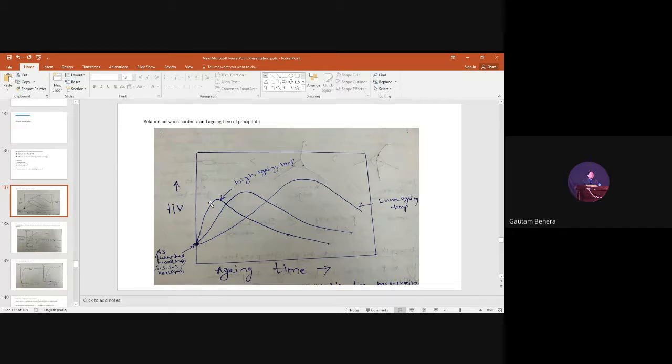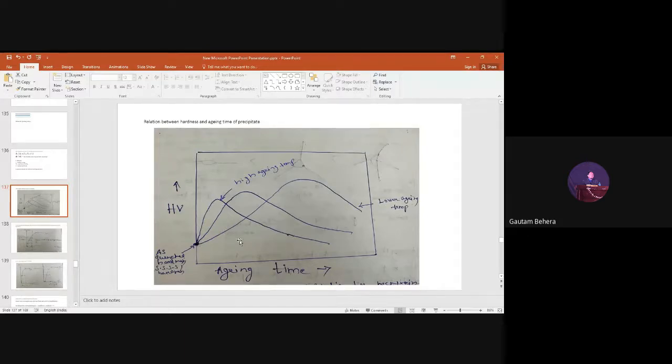But what are these three lines? The first plot is for high temperature aging, and the last one is for low temperature aging. If you maintain a high temperature during aging, the rate of increase in strength is more.